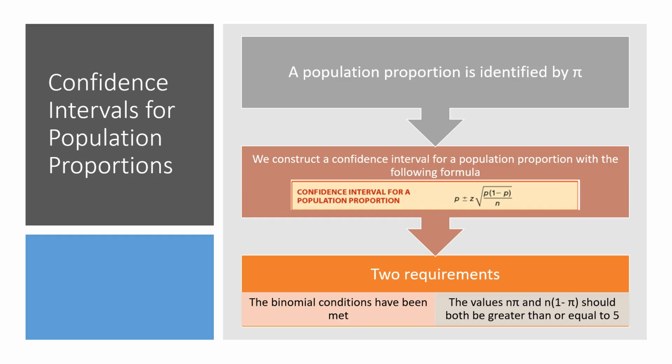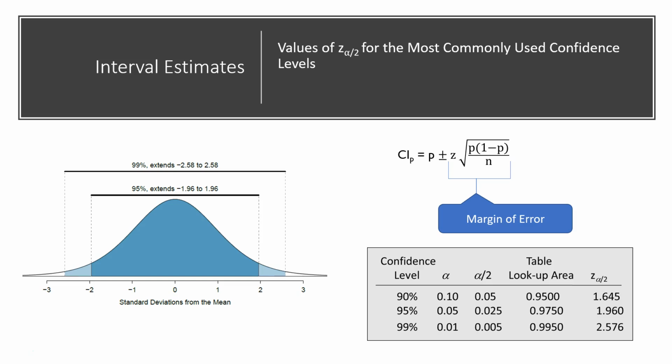Two, there are only two possible outcomes. Three, the probability of success remains the same from one trial to the next. And four, the trials are independent. The other requirement allows us to invoke the central limit theorem and employ the standard normal distribution so that we can use Z to complete our confidence interval.